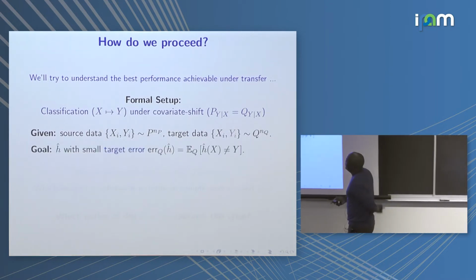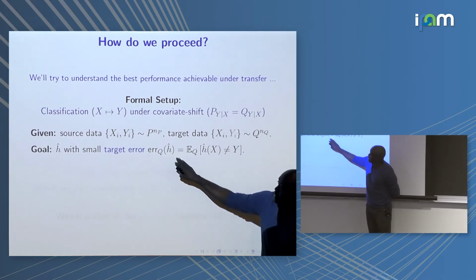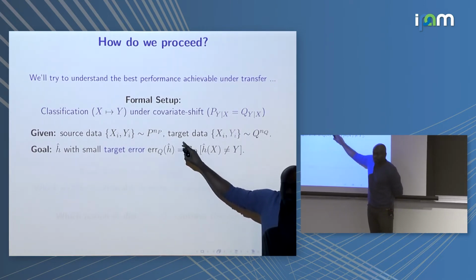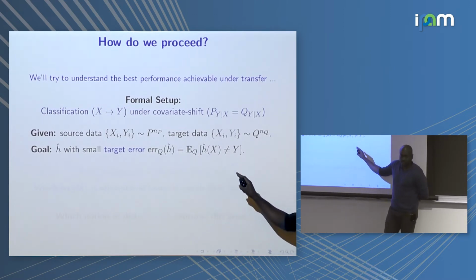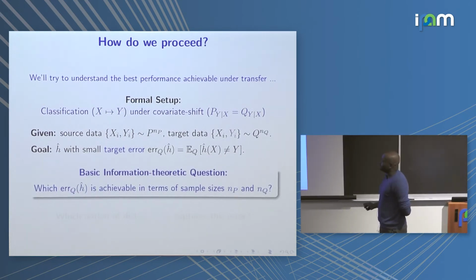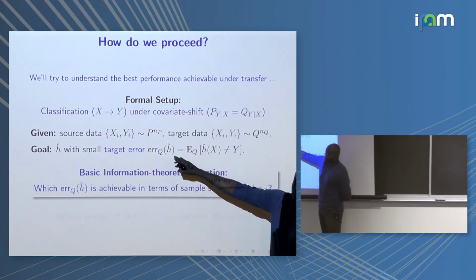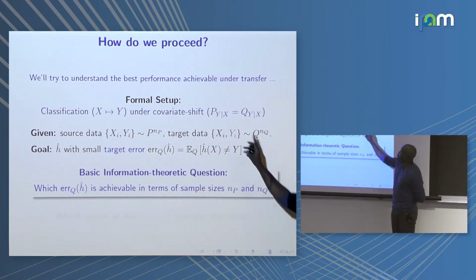All right, so this is all I said. The target error is some integral under Q, the target distribution, of our classification loss. So here the basic information theoretic question is what are the limits, which error Q, which is in fact a risk, is achievable in terms of both sample sizes.